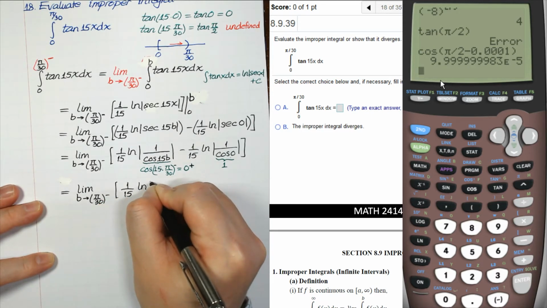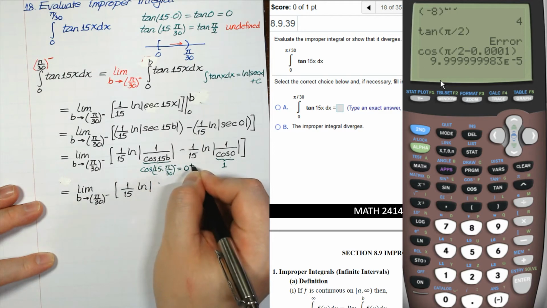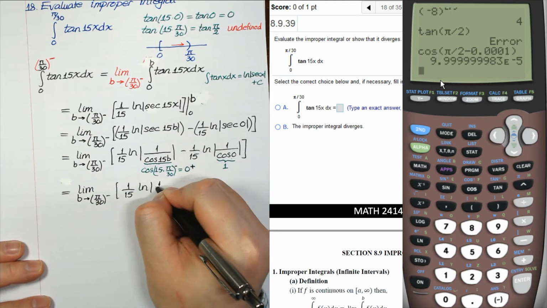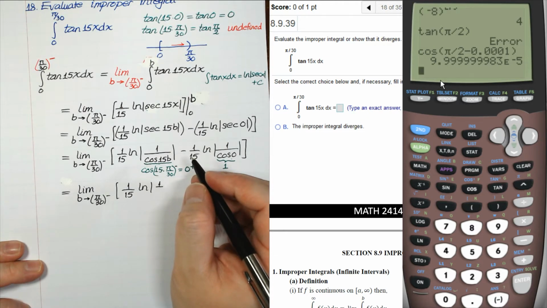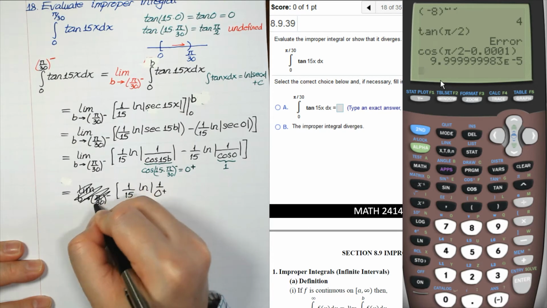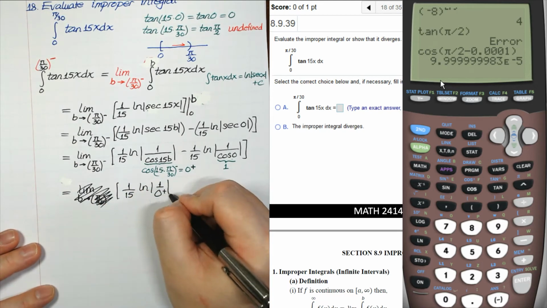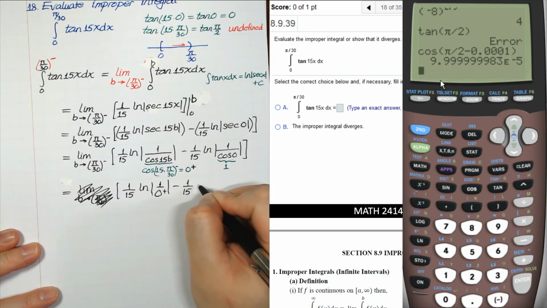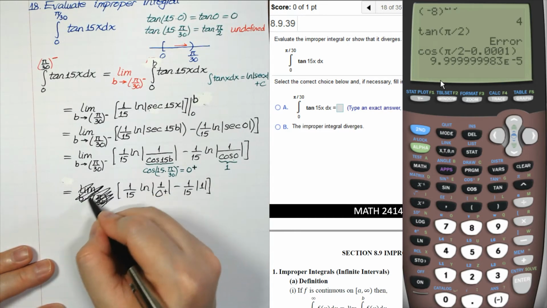We have ln of 1 over 0. When we write like that, we don't even need the limit anymore. One over 1. So we just have that.